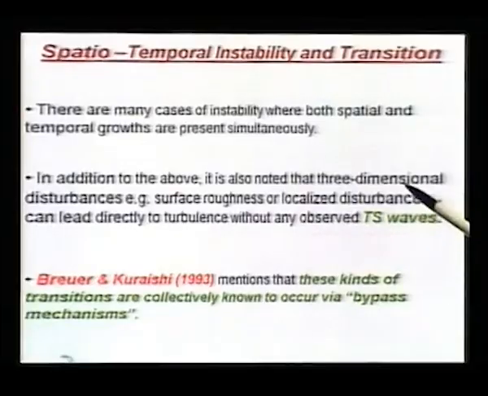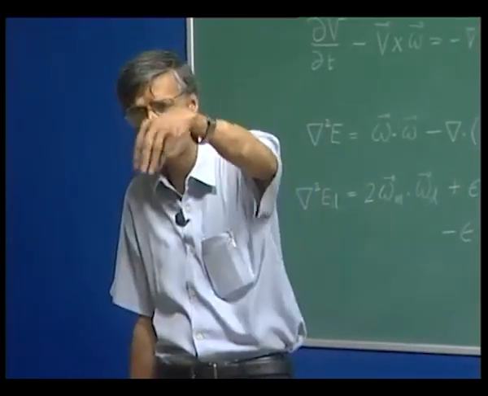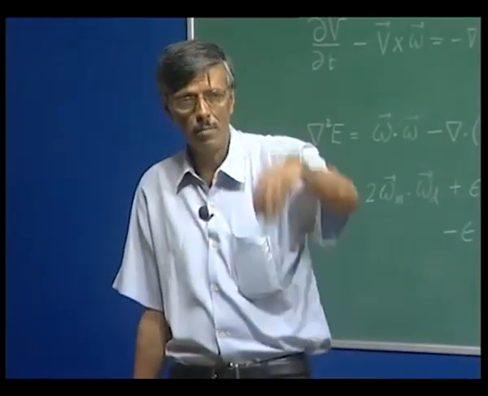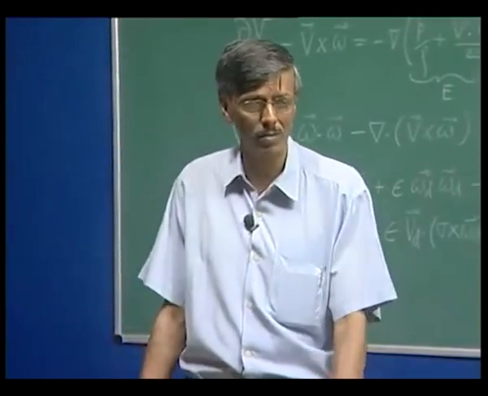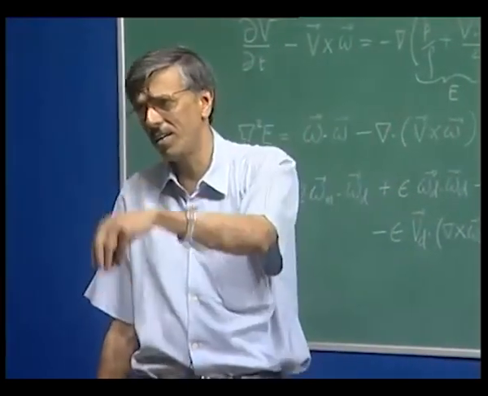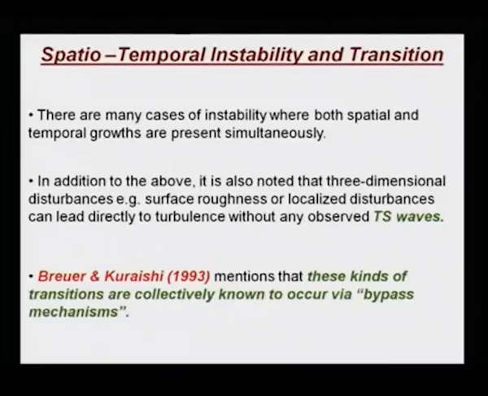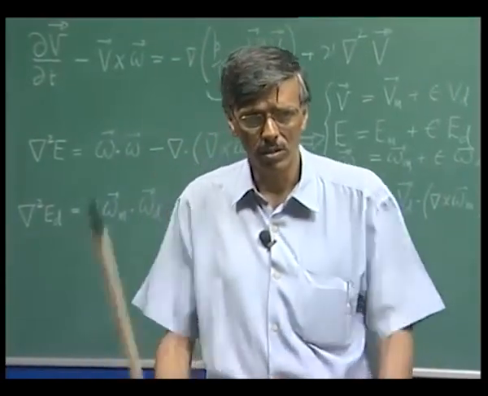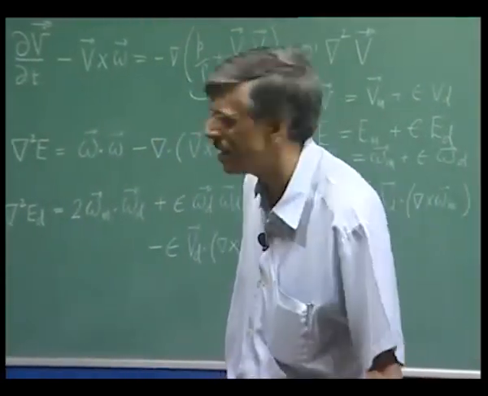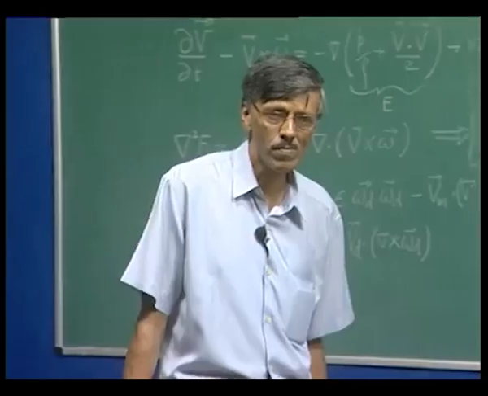In addition, we have also noticed that if we create some kind of three-dimensional disturbance like a localized roughness, a dimple kind of thing, which need not necessarily move like in Klebanoff's experiment, you can physically have a roughness, a rivet on an aircraft wing. That itself can lead to a flow in the wake of that roughness. A turbulent wedge will be created. You don't see any Tollmien-Schlichting wave in there.